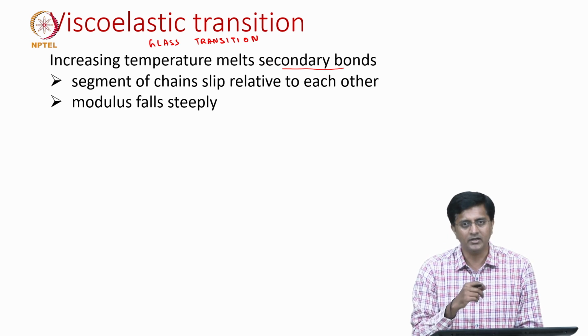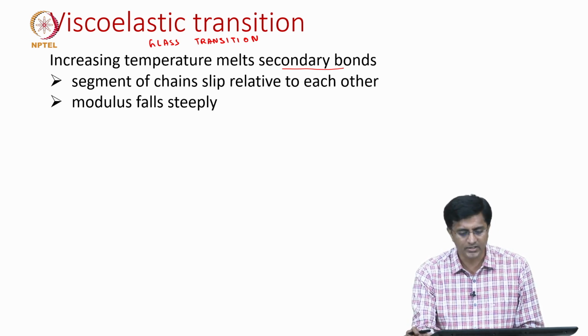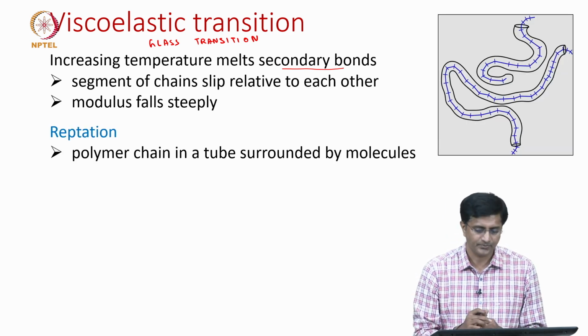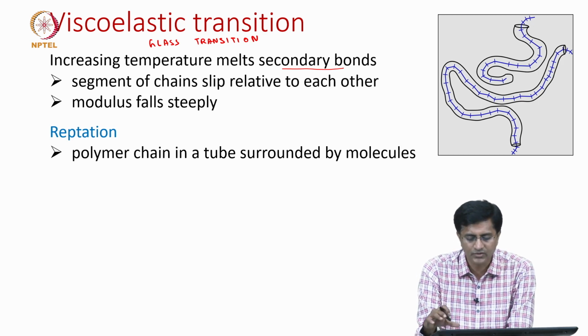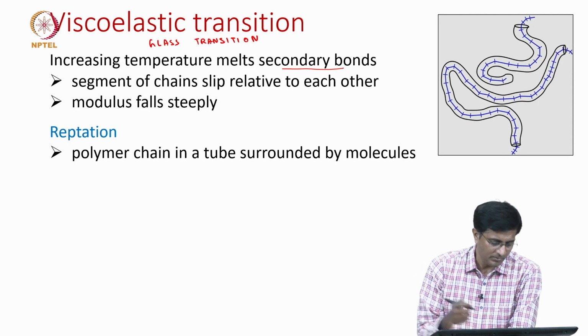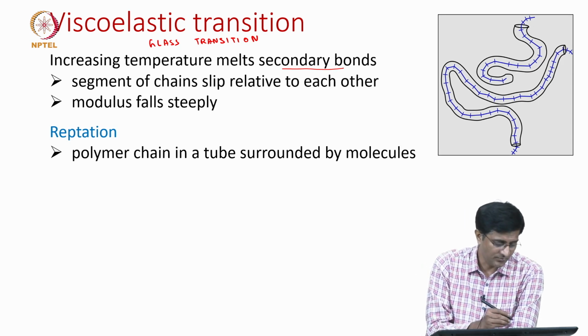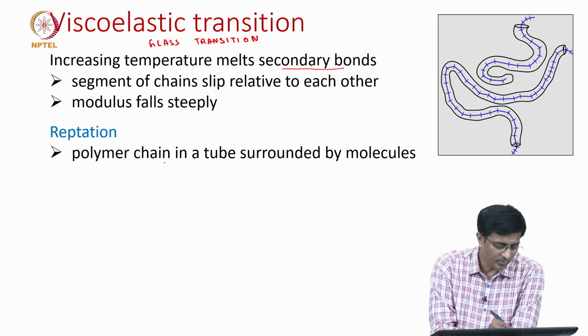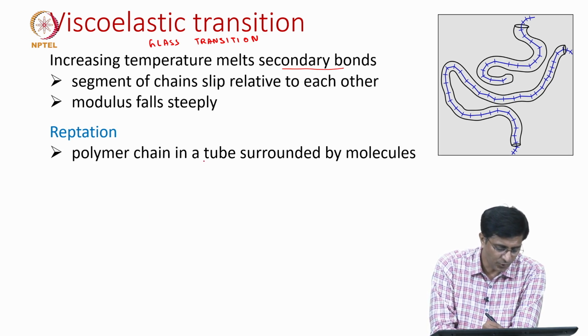This can be explained using a concept called reptation. So, in this figure we will try to visualize what reptation is, but let us first see its definition. So, we say that a polymer chain is in a tube surrounded by molecules.